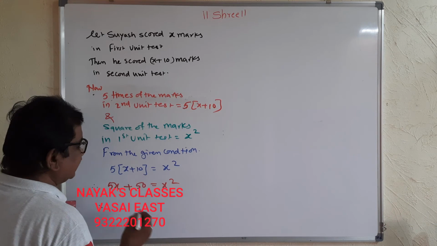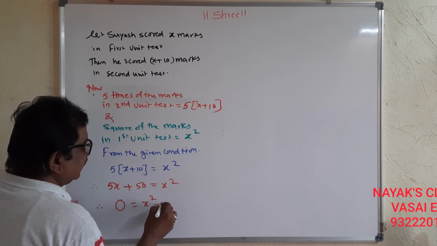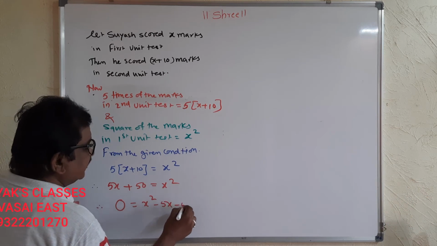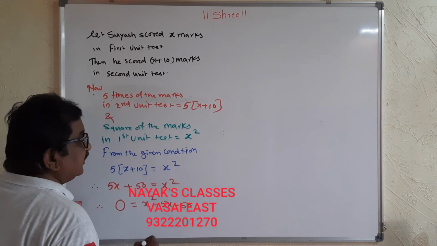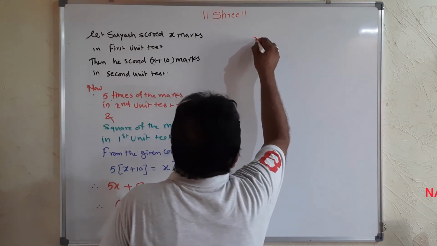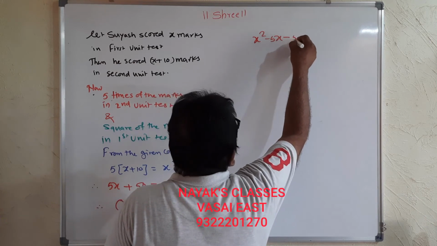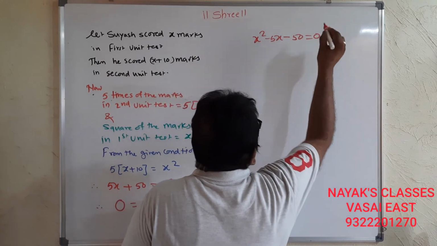Therefore, transfer all these things to that side. It will be x square minus 5x minus 50. Interchanging the sides, we get x square minus 5x minus 50 is equal to 0.